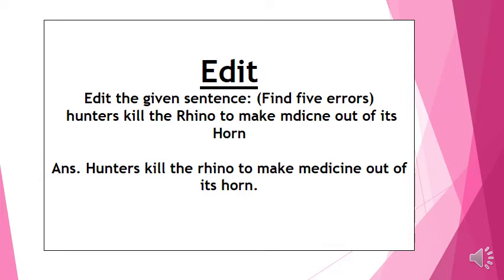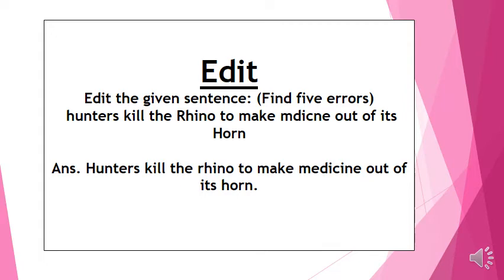Yes, you should write it with a small r. Why? Yes, you are right, because rhino is a common noun and we always use small letters to write common nouns. To make medicine. Yes, medicine spellings were wrong. So now, have you written it correctly like this? Okay, out of its horn.